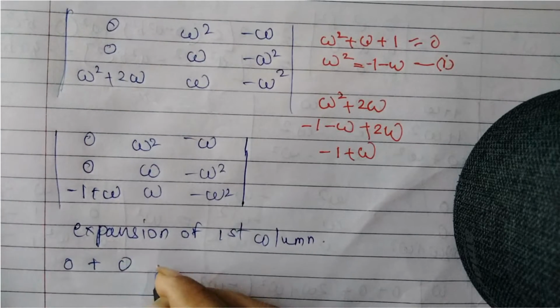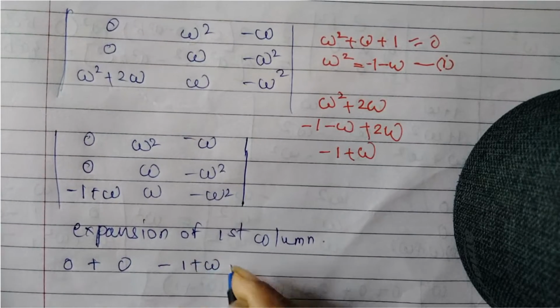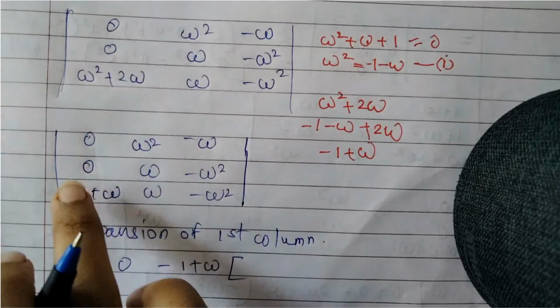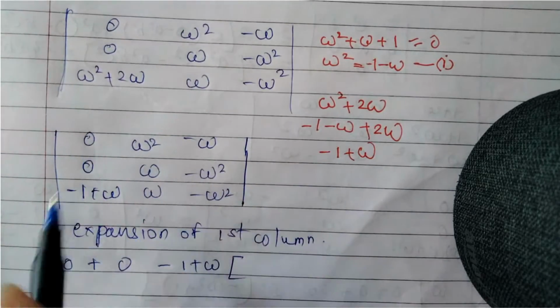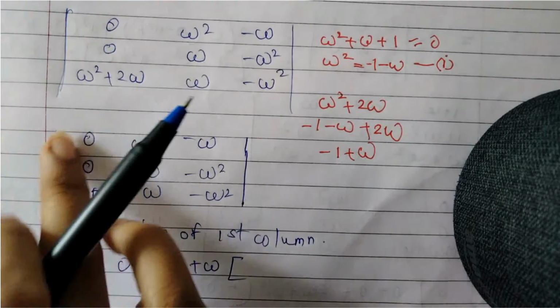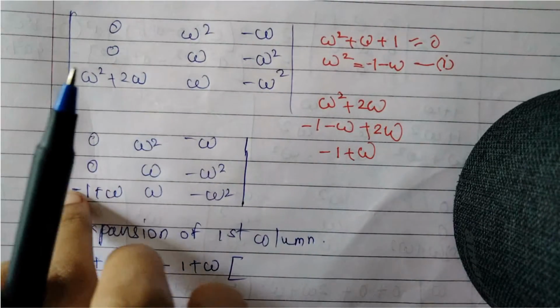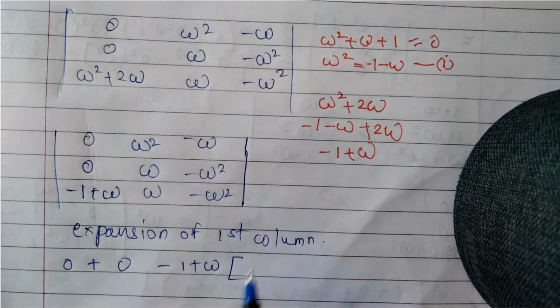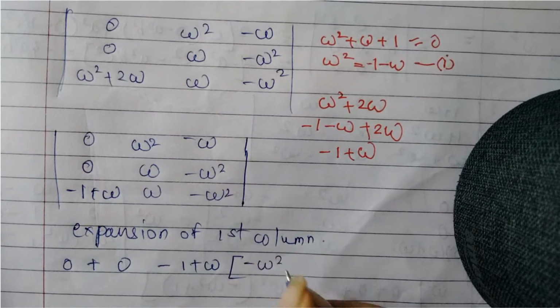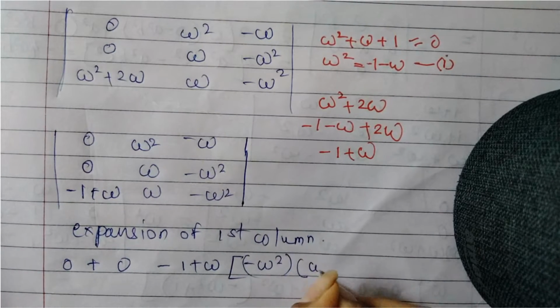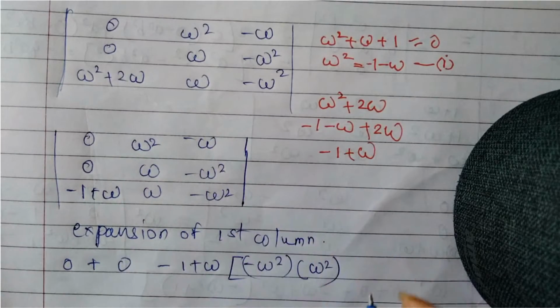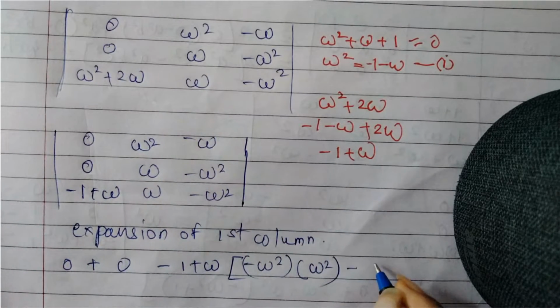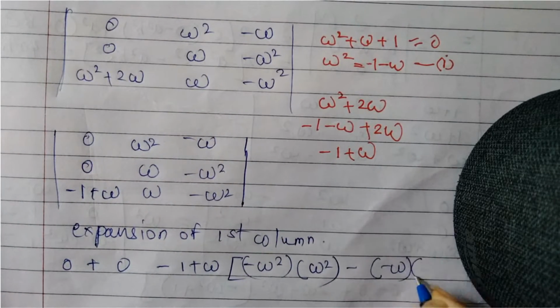0 plus 0 minus 1 plus omega into, we will exclude the terms which are in its column and its corresponding row, and the rest will get multiplied, minus omega square into omega square minus omega into omega.